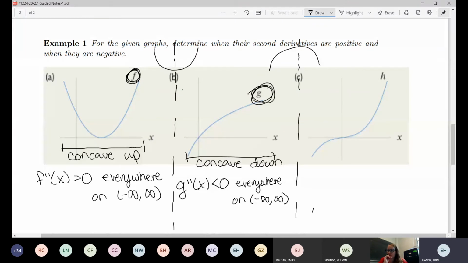Now in this last one, it actually changes a little bit, essentially right here. If we look at this first piece on the left, which one of these options, 1, 2, 3, or 4, does it most closely resemble? This piece here is going to be concave down.